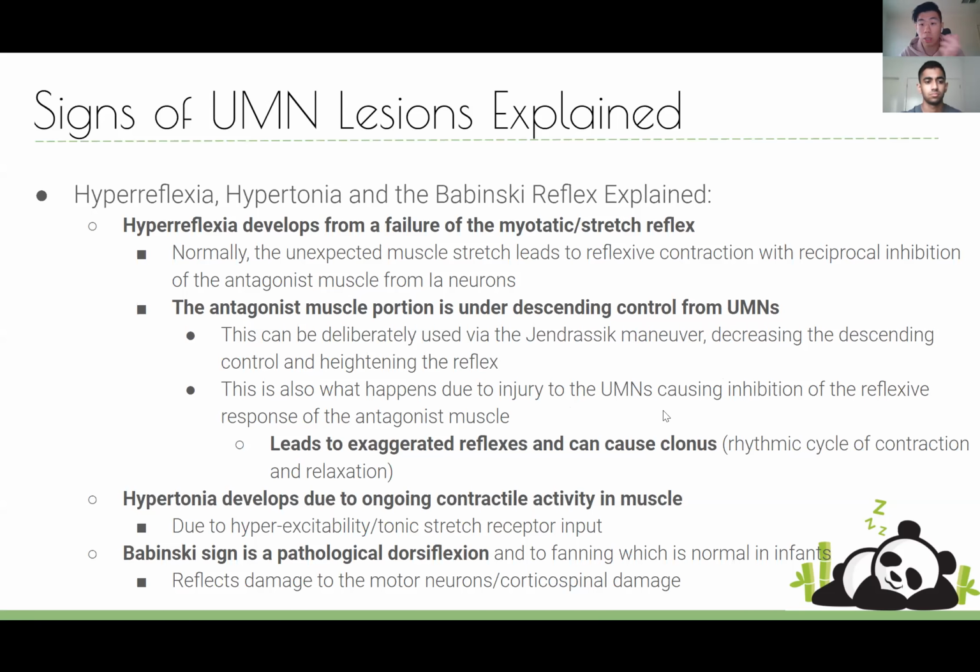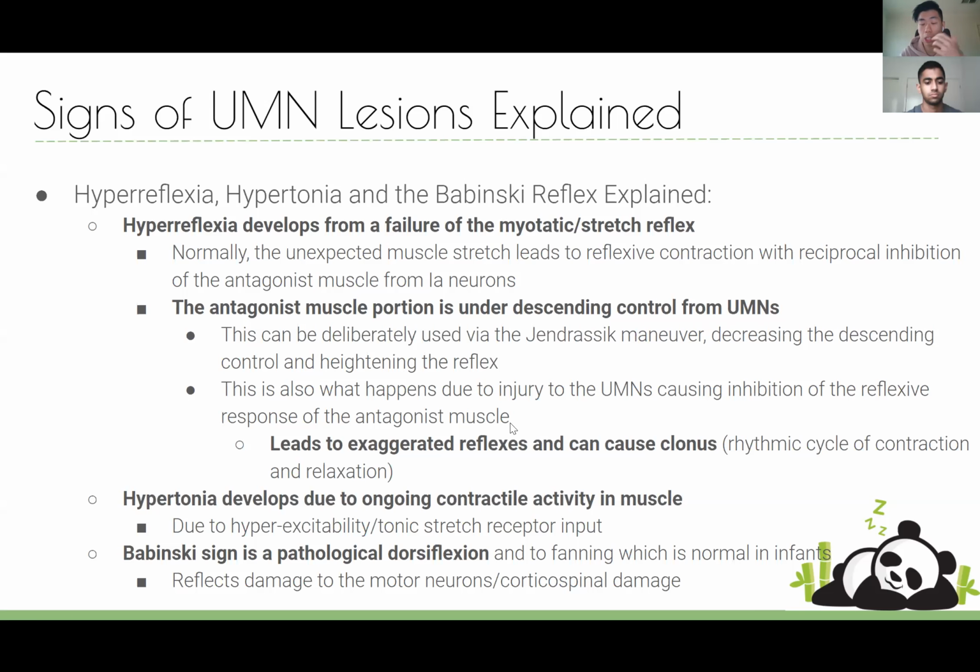Now, back in your clinical exam days, if you ask them to clench their jaw or count to 10 or something like that, that's called the Jendrassik maneuver. That aims to decrease that ascending control, so we can heighten the reflex by choice. But for them, they can't do that, or they just have it naturally, and it's hyperreflexic, above what we'd even do with the Jendrassik maneuver.